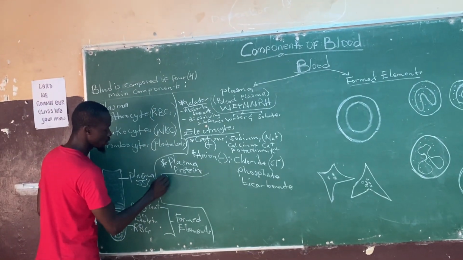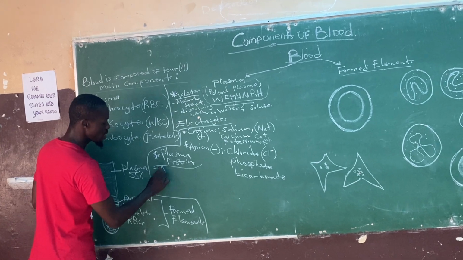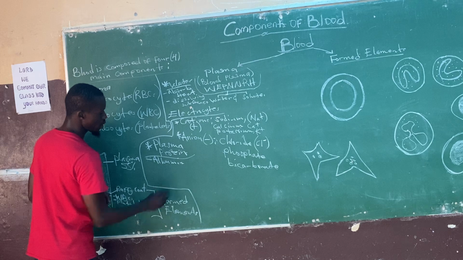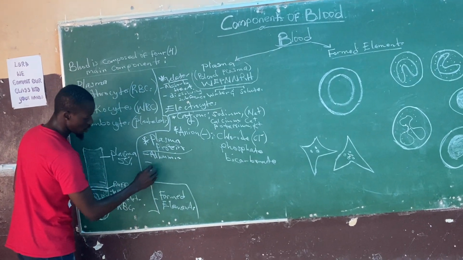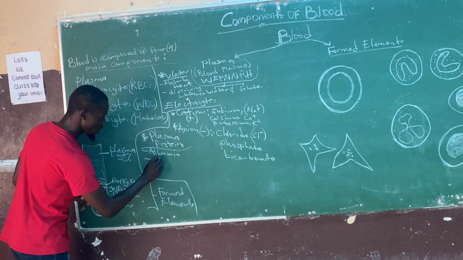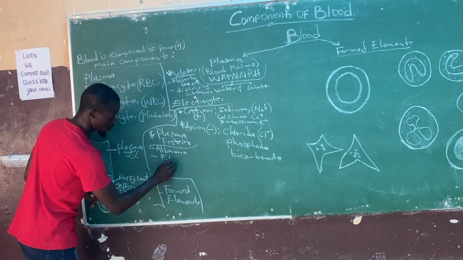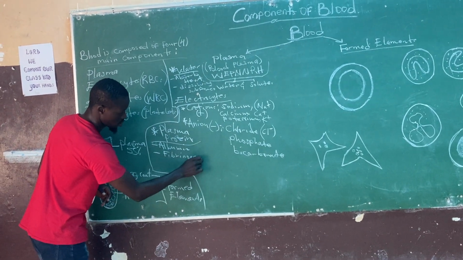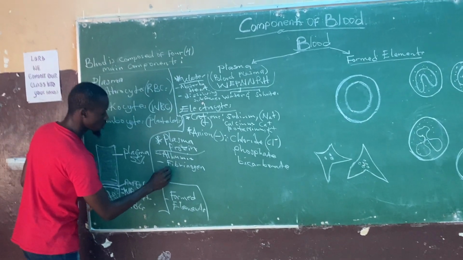One is albumin. The next one is fibrinogen. And the other is globulin.